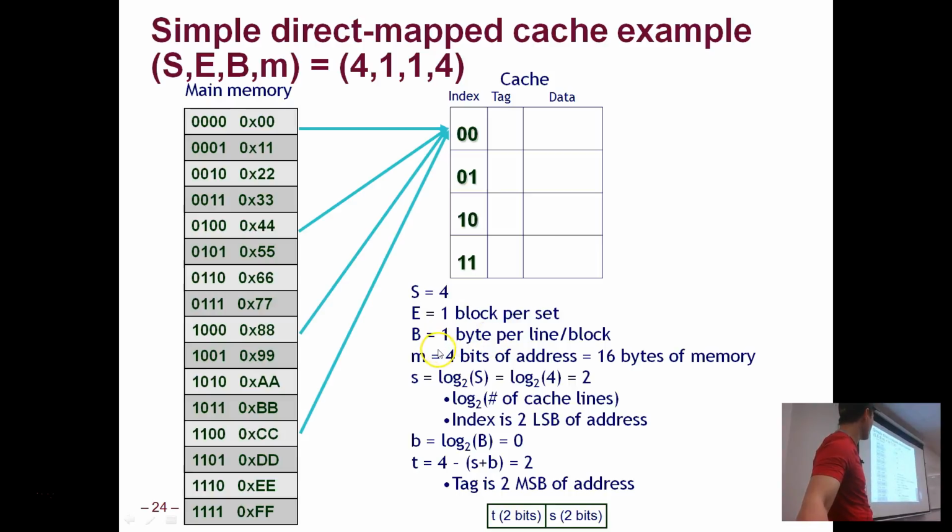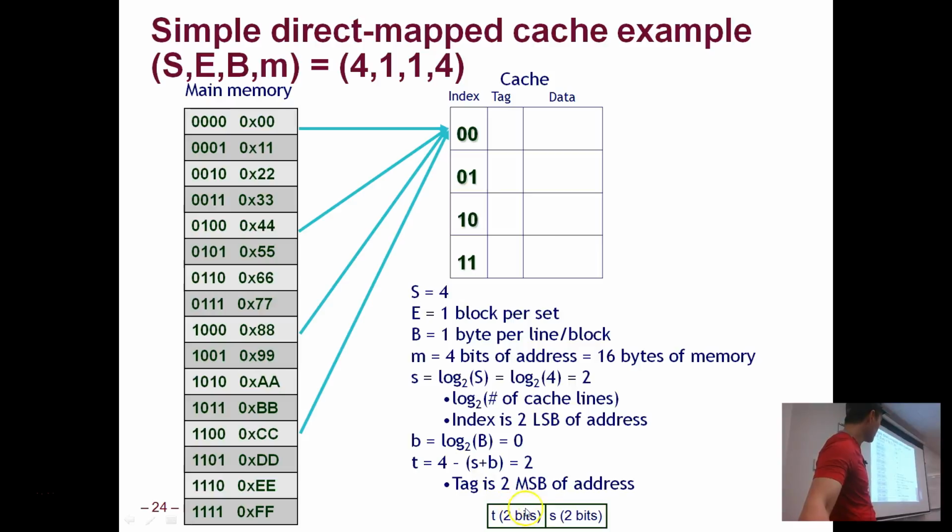If we have 4 bits in our address space, then the number of set bits has to be log base 2 of 4, because we have 4 sets. So 2 bits for the number of bits in S. The number of bits for B is 0 because there's only a single byte in this line. That means the rest of the bits, the other 2 bits, are the tag bits.